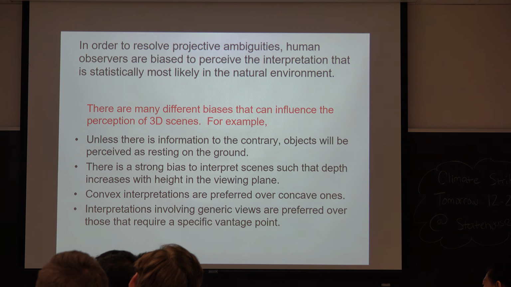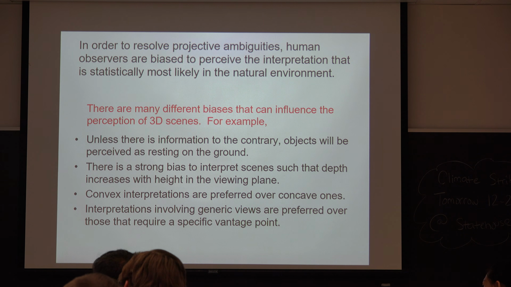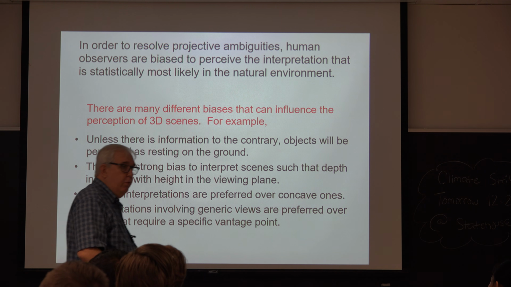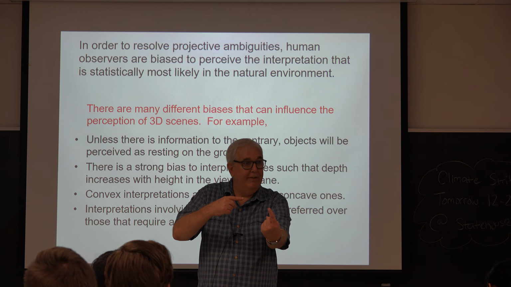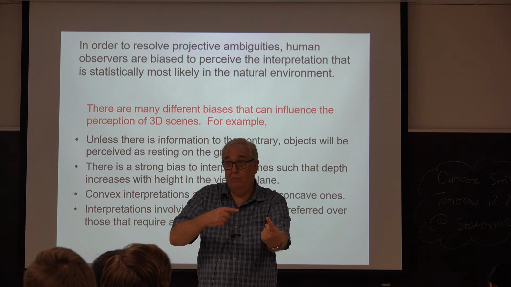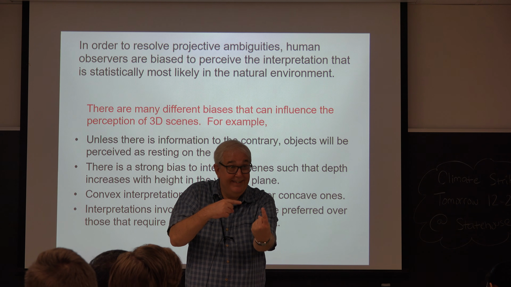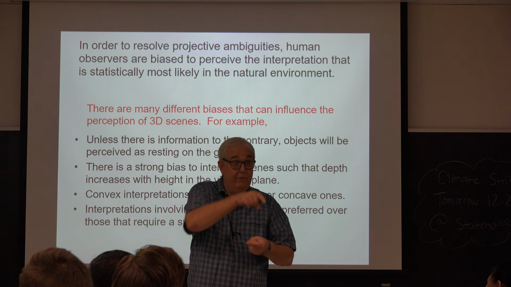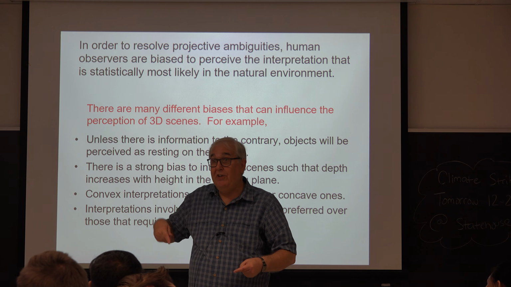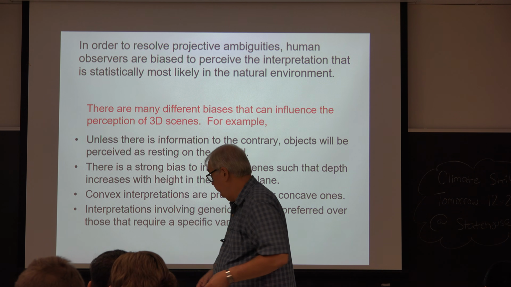If I do this, so my fingers look like they're attached, your brain's going to assume that they're attached, but everybody else who's having a generic view can see that they're not attached. So a generic view, think about it this way. You pick a view at random, would my fingers look attached? So for everybody in the room, except you, you can see clearly that they're not attached. That's an accidental view. What everybody else sees is what's called a generic view.